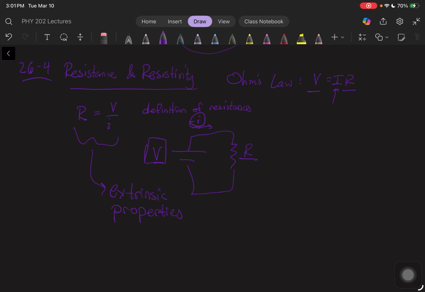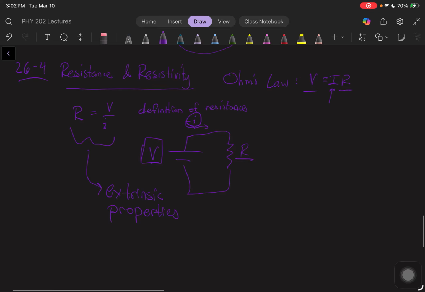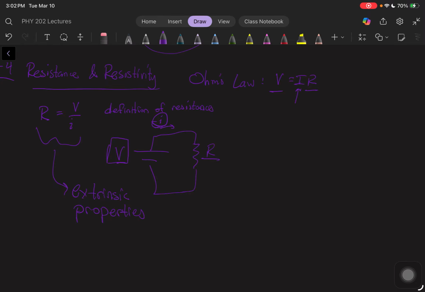But if you were to change things about the resistor, you would change its resistance. Not the most profound statement, but you'll see where I'm going hopefully in a second. Right, and so this all has to do with extrinsic properties of the circuit, but we can talk about something called resistivity. And this is an intrinsic property of the material.